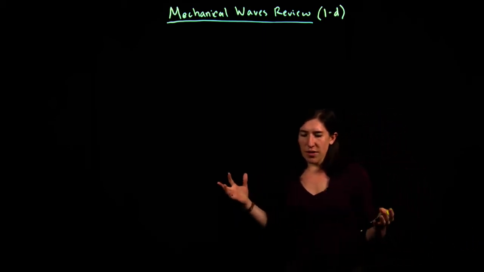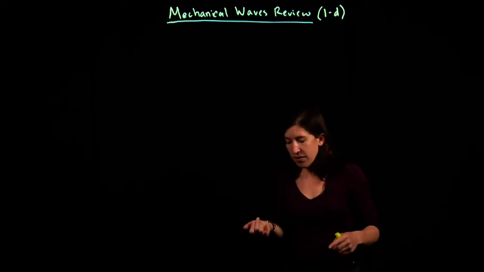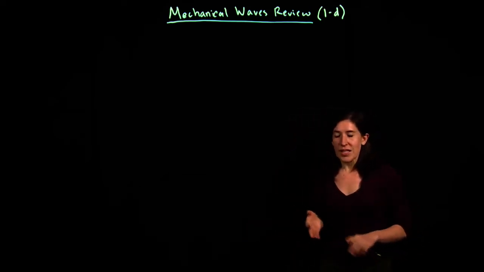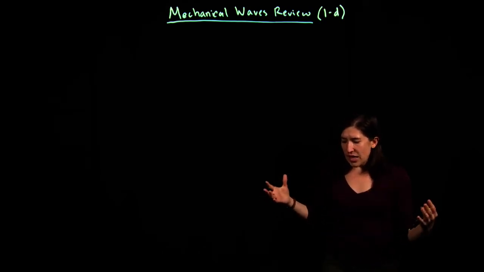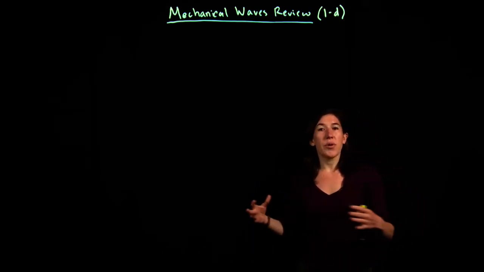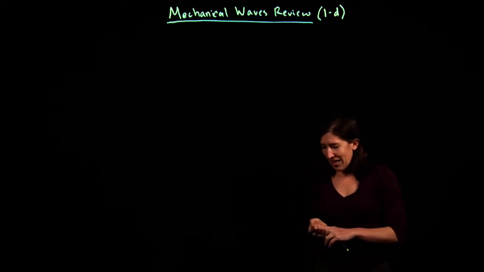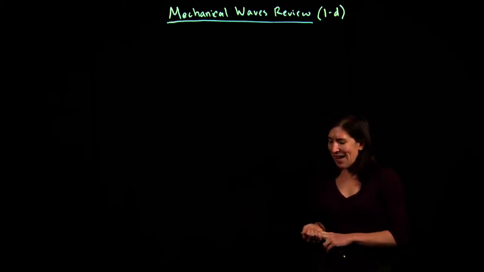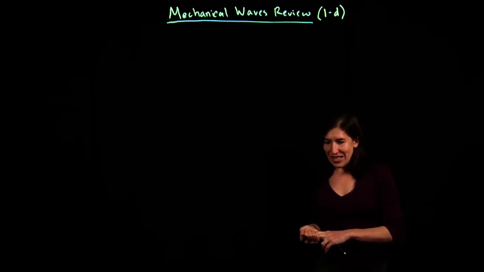Well, we know there's all different types of examples of mechanical waves: ocean waves, waves on a string, sound waves. But these are all basically traveling disturbances through a medium. And I phrase it in that precise way for a couple reasons.